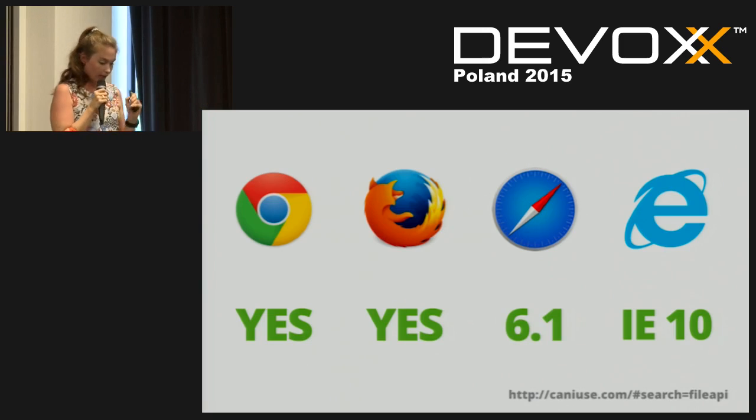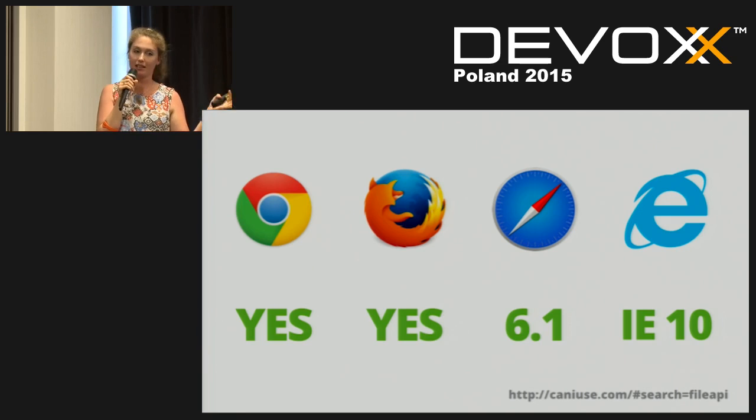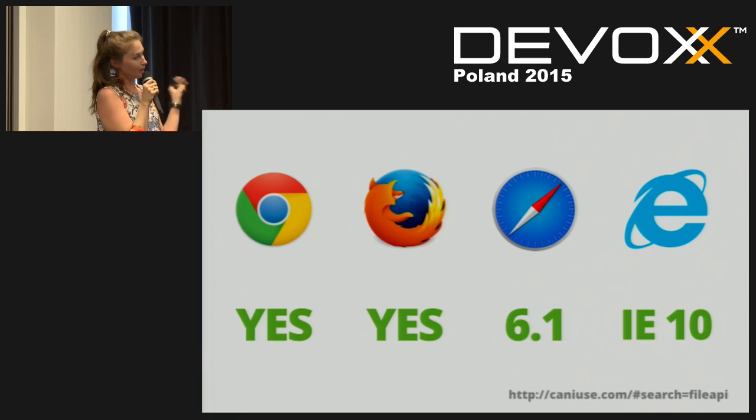And now, one interesting thing that I didn't tell you so far is that we actually live in a very fairy tale world with our project, because we only have to support Chrome. We're building an internal application, and our client said it's fine to only use Chrome. So what you can see here, we have shamelessly stolen from a site called caniuse.com, which is pretty handy. It shows you for the different libraries if they're compatible with the browsers. So this is for the File API, and it looks all fine. It gets supported by the common browsers.